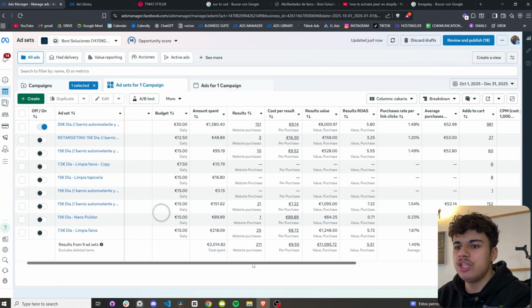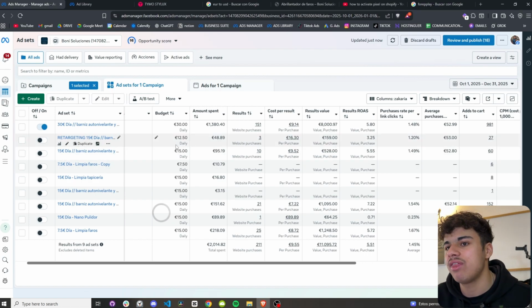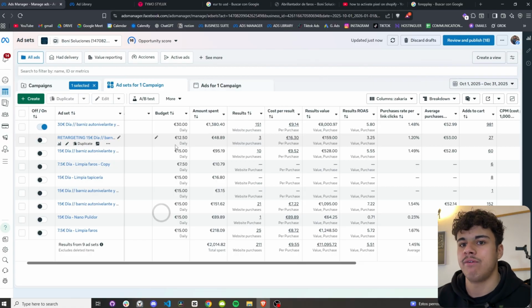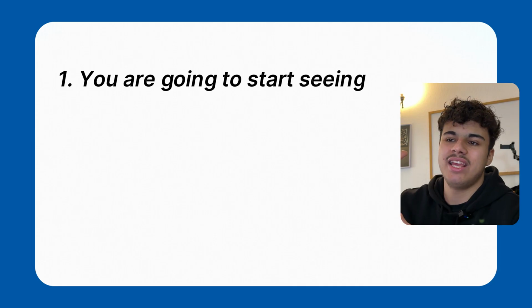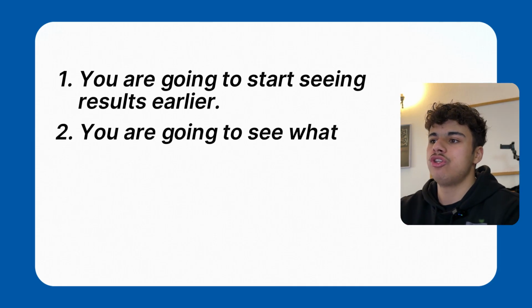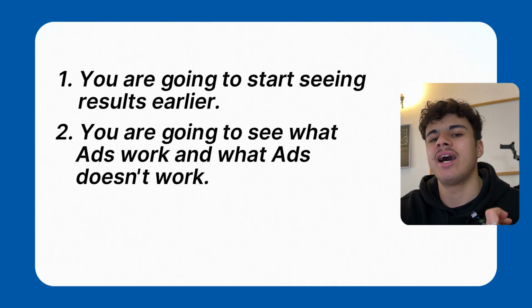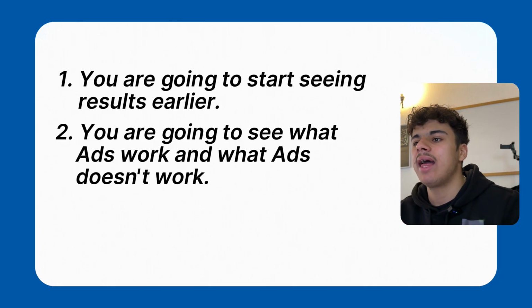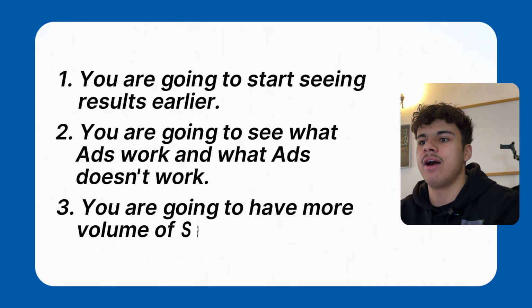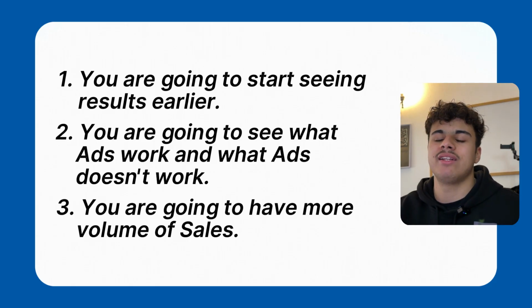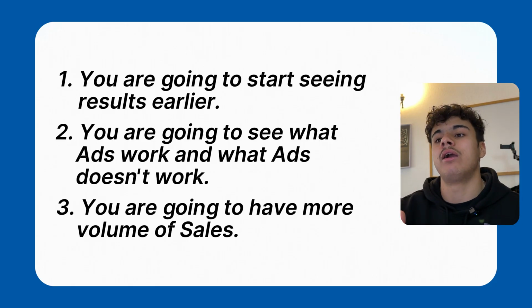But if you have the opportunity to invest more money, such as 25, 20, 30, even 50 euros a day, then I really recommend you to do that. That way, you're going to start seeing results earlier. You're going to see what ads work and what ads don't work earlier. And you're going to have more volume of sales if your ads are well done and are profitable.